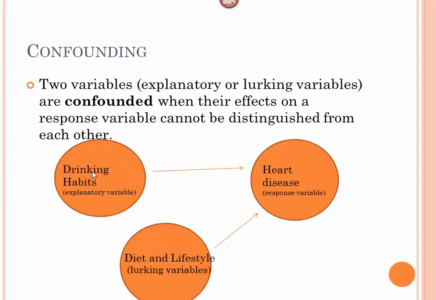Drinking habits was really connected to diet and lifestyle, and they both seemed to have an effect on heart disease, but really this lurking variable back here was confounding our results. So we always want to look for those lurking variables or confounding variables in the background that might mess up our results. And this is why observational studies are not a great way to determine cause and effect.